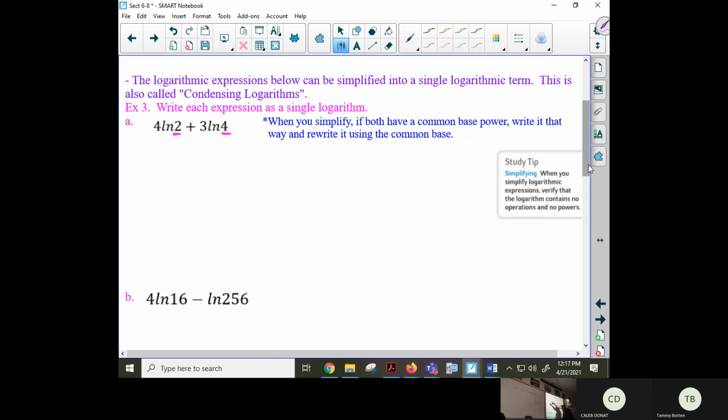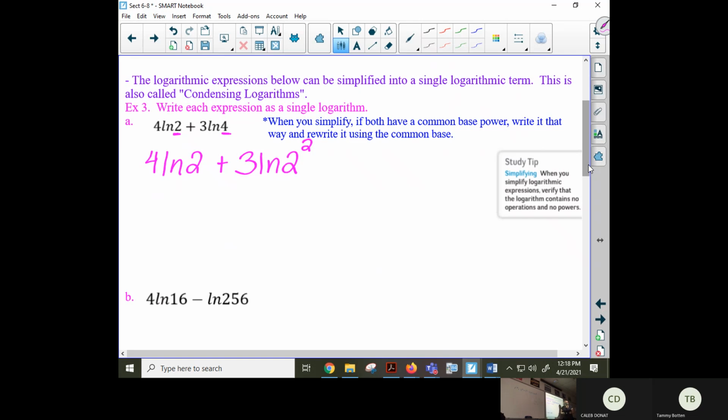Do you know how 2 to the first is 2 and 2 to the second is 4? They both have that common base of 2. So we want to do that. We're going to go natural log of 2, it's just 2 to the first, plus 3 natural log of 2 squared. All I did is take that 2 and 4 and make sure they had the same base.